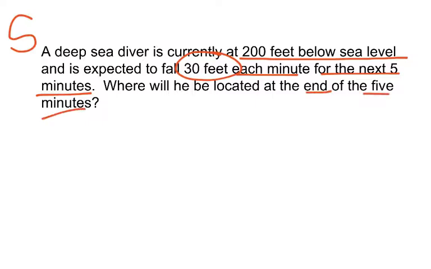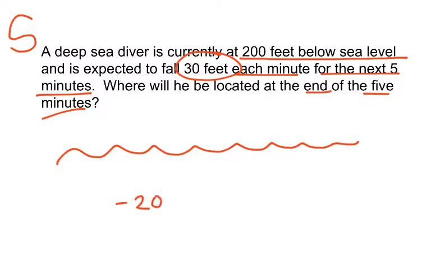We looked just before at sea level. So if we have sea level here, maybe I should have put that in blue. And he starts down here at negative 200, so that's going to be below the water. And he's expected to fall 30 feet each minute for the next 5 minutes.